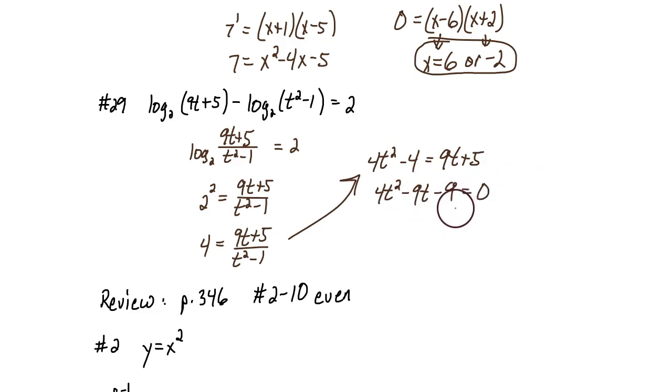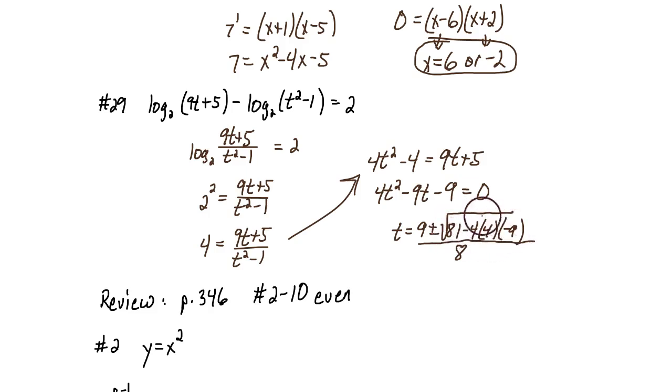Now we'll solve the equation. T equals 9 plus or minus the square root of 81 minus 4 times the value of A times the value of C, all divided by 2 times the value of A. Let's simplify inside the radical.